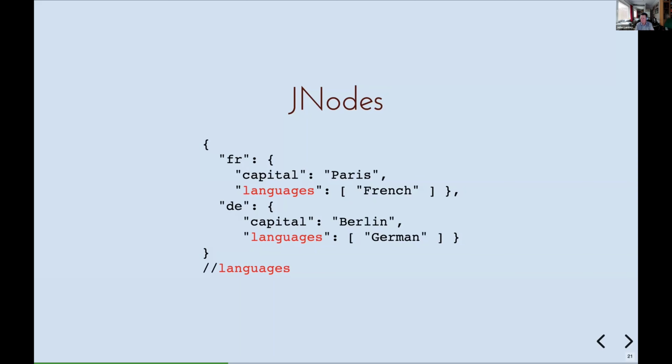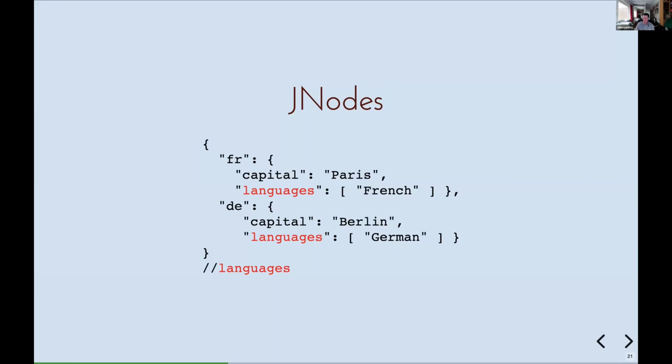This will return a sequence of JNodes that you then have to get the values out of. And as I said, you can then run the selector on it: JNode selector, JNode position, and JNode content.